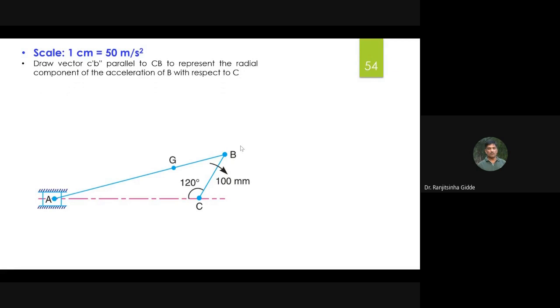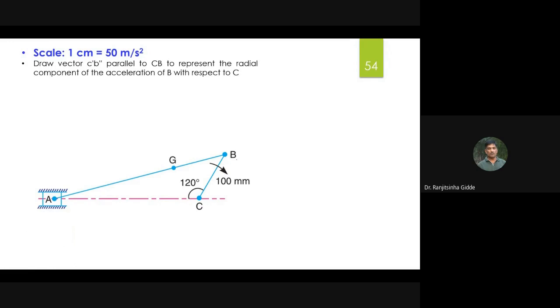Draw vector C prime B double prime, or simply C dash B double dash, parallel to... pay attention here.